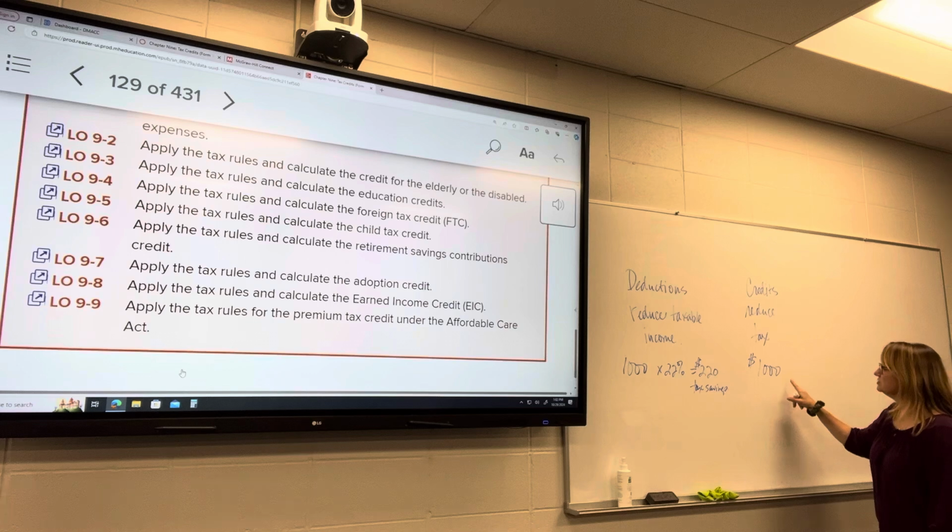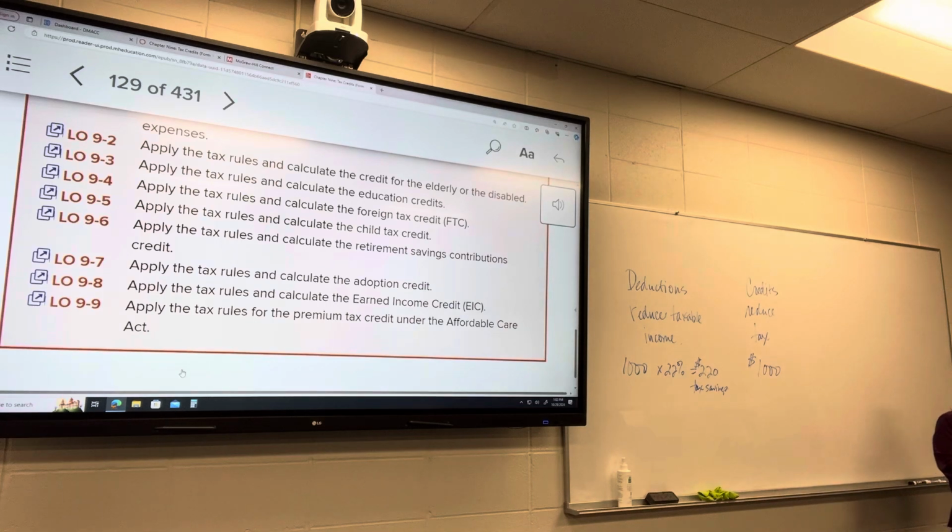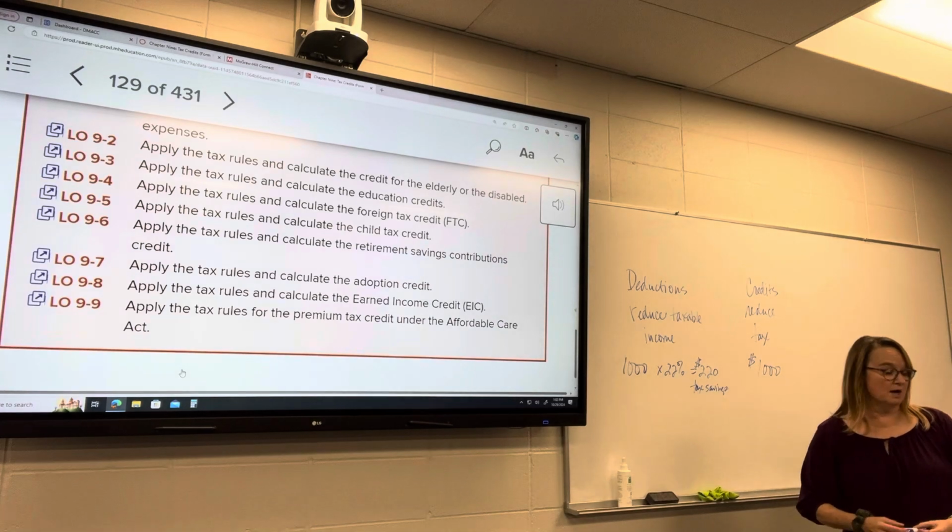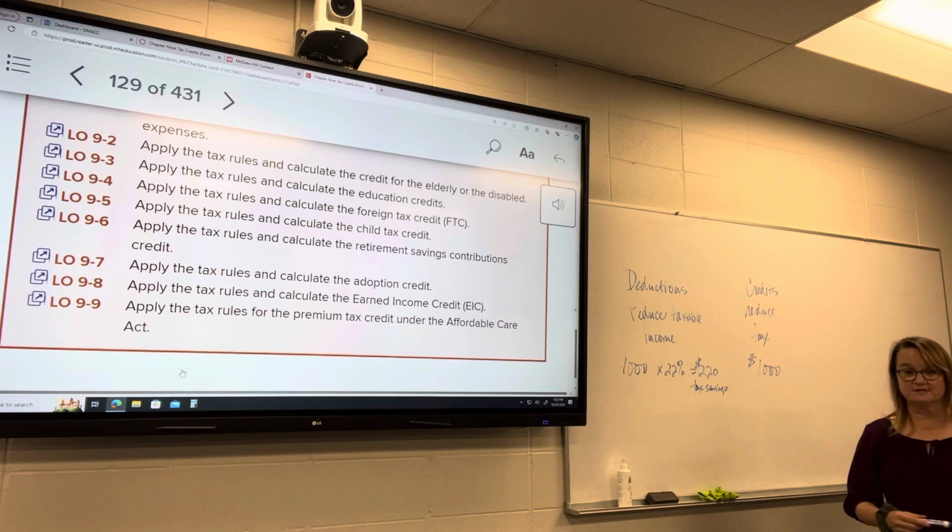Now, when you calculate the amount of a credit, it's not necessarily going to be 100% of whatever your expenditure was. For example, the lifetime learning credit is a credit up to 20% of $10,000, so up to $2,000.